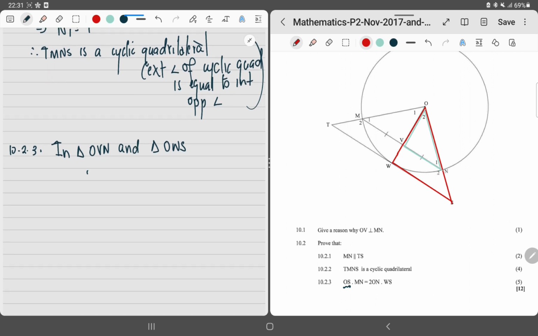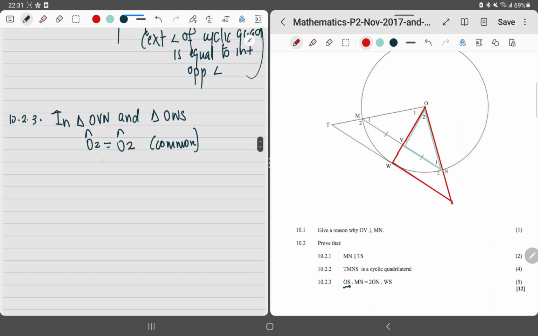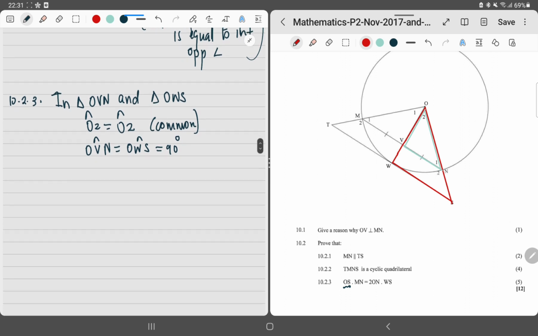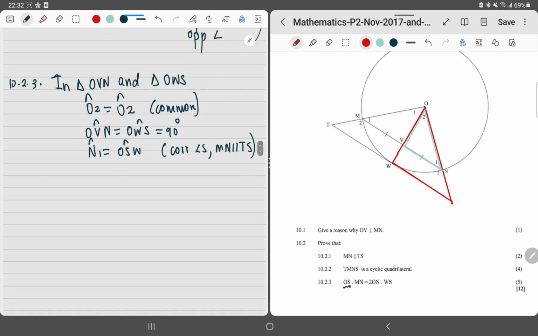So O2 is equal to O2 because it is common. And then OVN is equal to OWS. They are both equal to 90 degrees. And then N1 is equal to OSW. Now you could say corresponding angles, because you know that MN is parallel to TS.